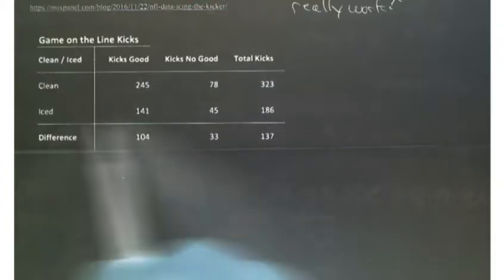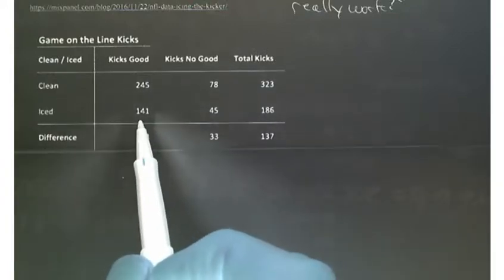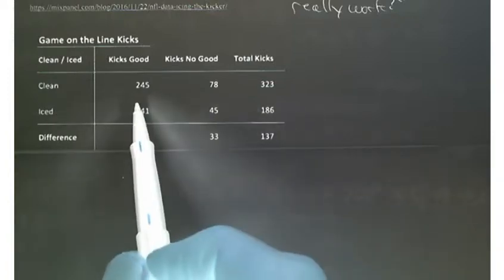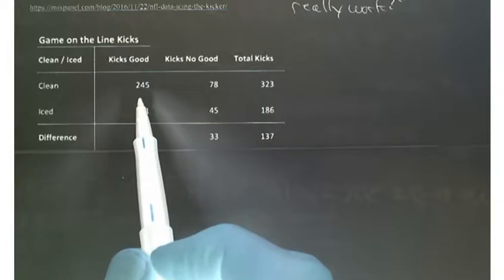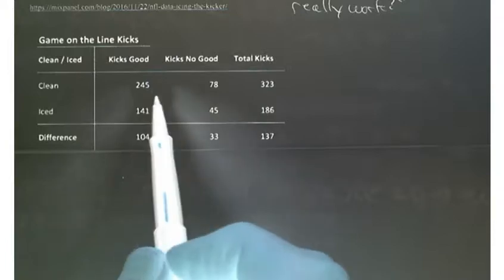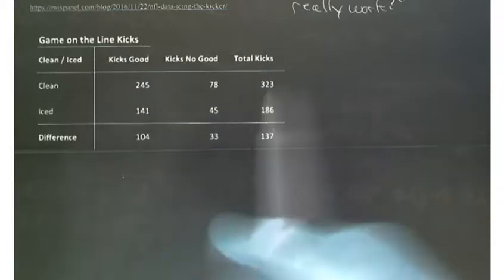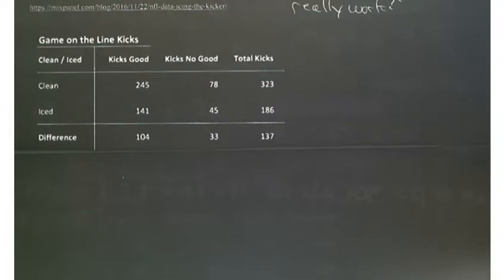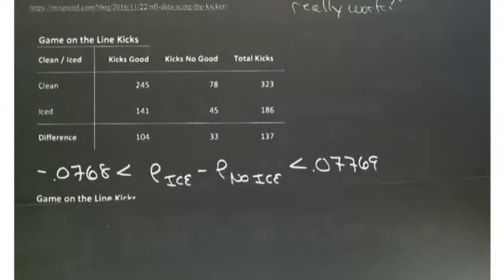So people were iced the kicker. You had 141 kicks that were made out of 186. And if you didn't call a timeout, then you had 245 kicks made out of 323. The confidence interval for those differences was this.